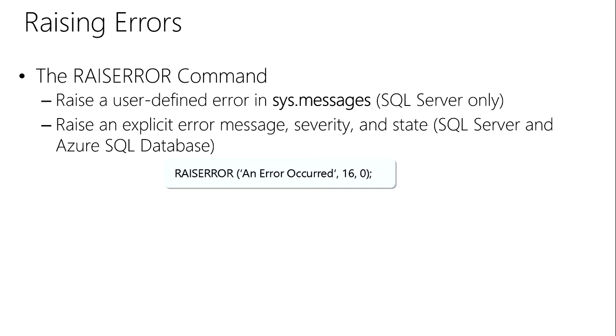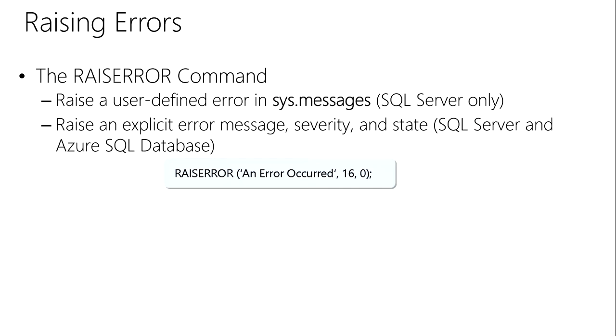What you can also do, though, is use raise error, and this is true in both SQL Server and Azure SQL Database, to raise a custom error at this point. You're going to define it as part of the raise error statement. And in the example on the slide, you can see raise error. We've then just specified what's the error message we want to raise. An error occurred. It will be assigned the value, I believe it's 50,001, as the error message.